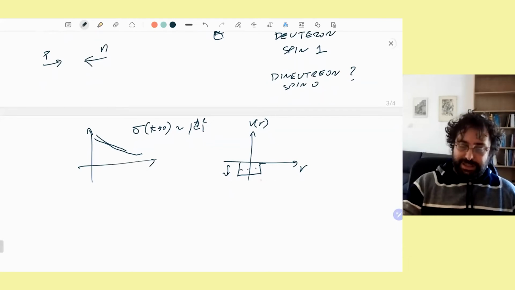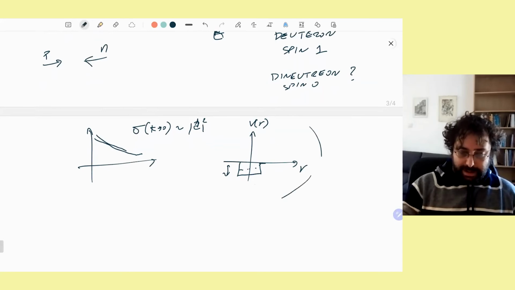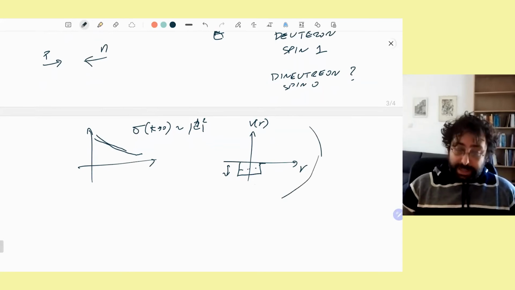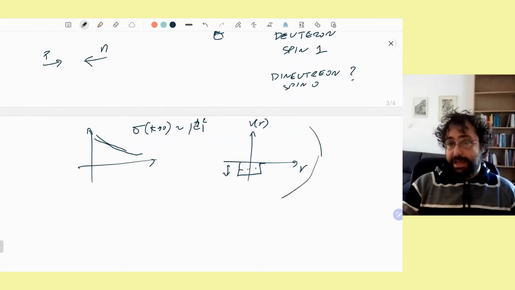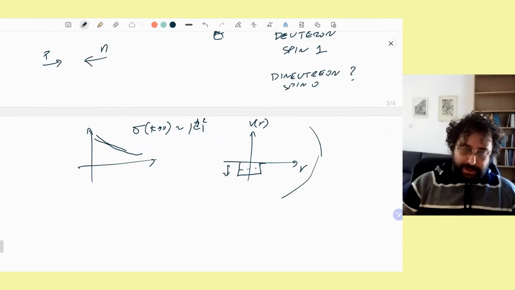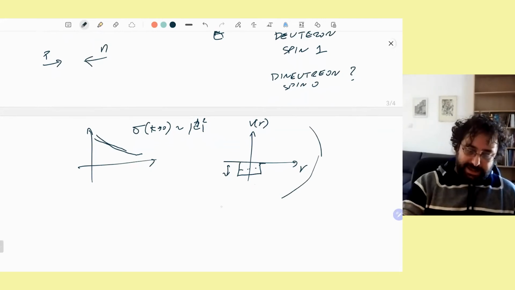If you make the exercise of calculating the scattering amplitude from the potential well, and you take the limit of k going to 0, you can see that the sign of the scattering length actually flips if you cross this critical well.